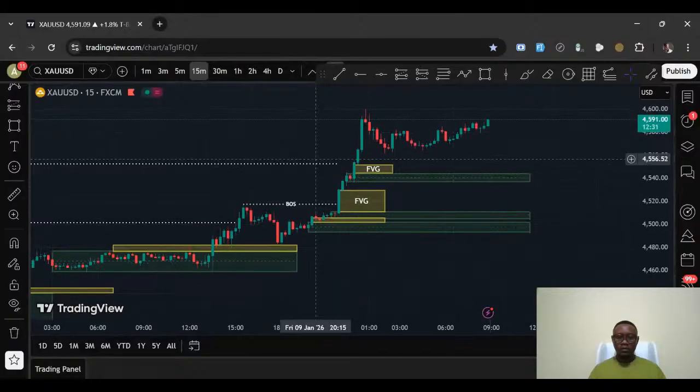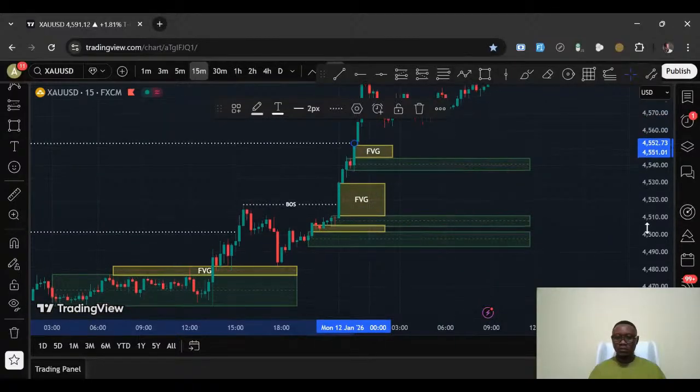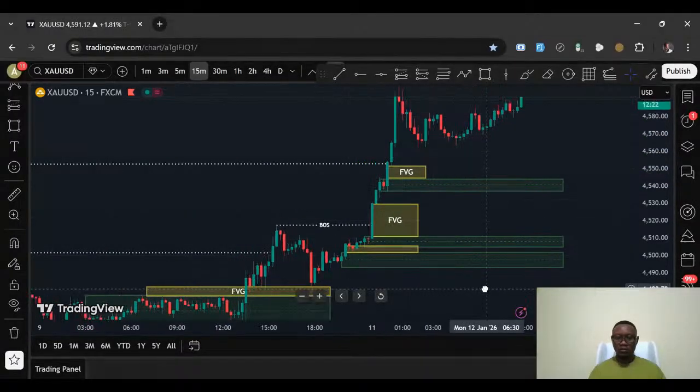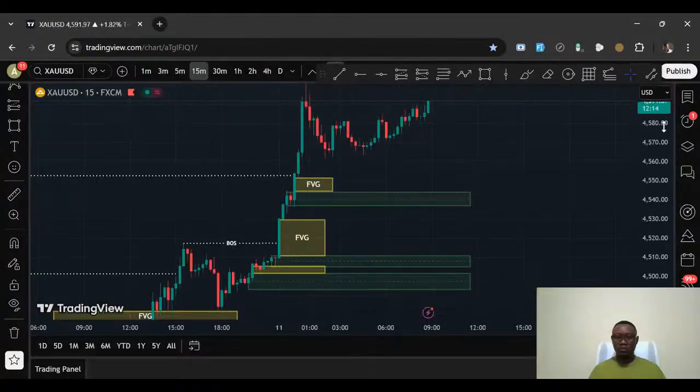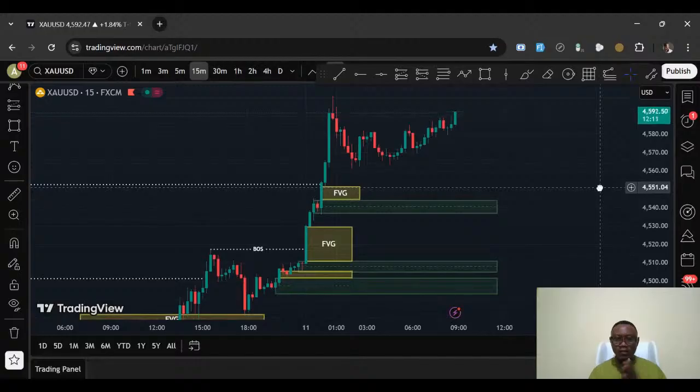Okay. So now we've marked out our block zones.